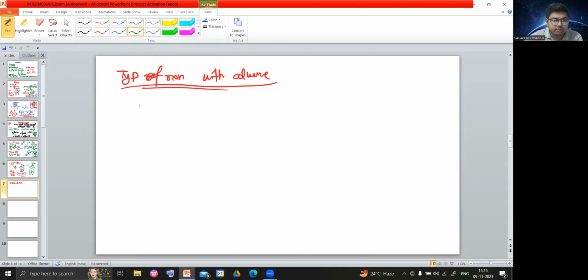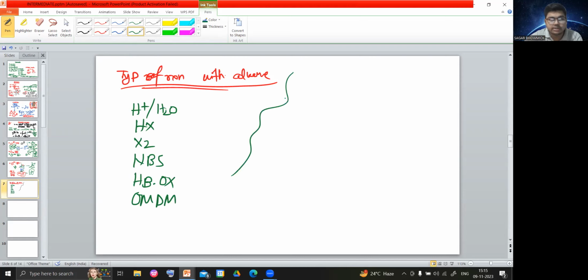Here we will see one by one: H plus water addition, HX addition, X2 addition, NBS addition, hydroboration oxidation, oxymercuration, demercuration. This will be alkene. After that, there are some special cases of this, which we are also going to look at. After that, we are going to discuss name reactions. In the next video, we will start from this.